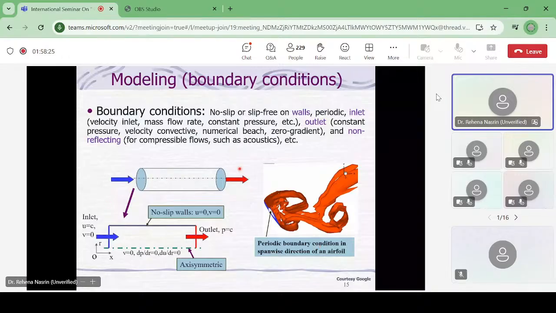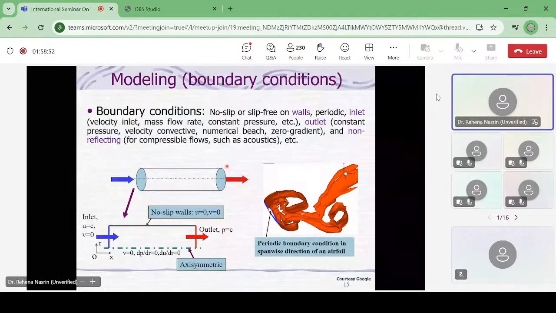And also boundary condition in any kind of geometry. When we draw, then we have to put our boundary condition. You can see that this is a circular pipe. The blue color mentions the inlet fluid, and the red color shows the outlet part.